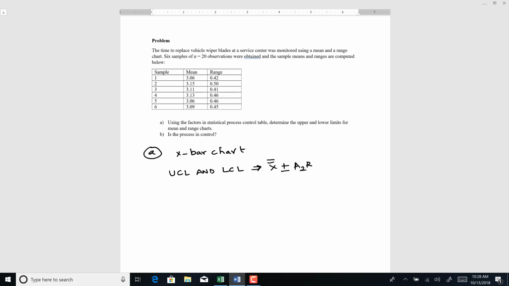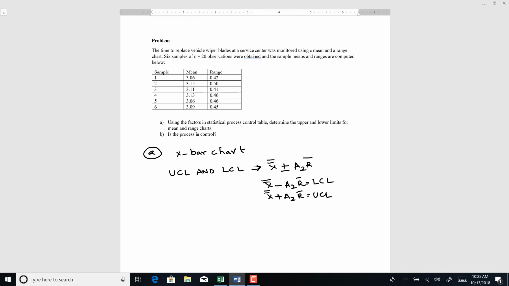That was our formula. So X double bar minus A2 R bar is the lower control limit, and X double bar plus A2 R bar will be our upper control limit.